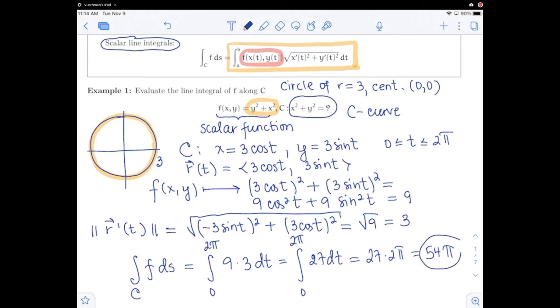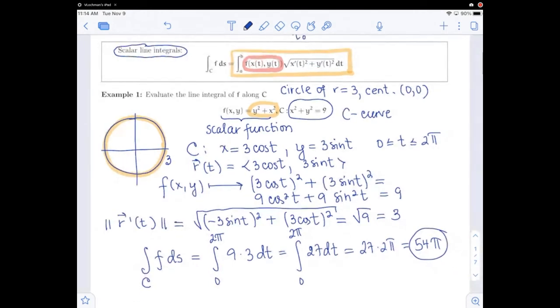Okay, all right. So let me stop right here and just briefly go through all the steps. Okay, I have my function, I have C. C is not given to me in terms of a parameter t, so that's my very first step, to rewrite my curve in terms of t. Once that's done, I rewrite my function in terms of t as well.